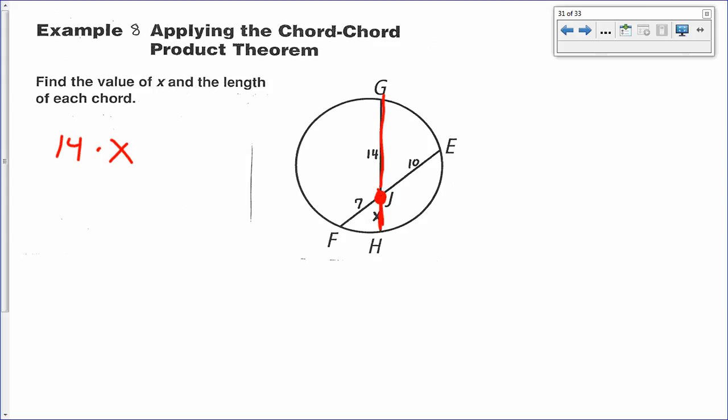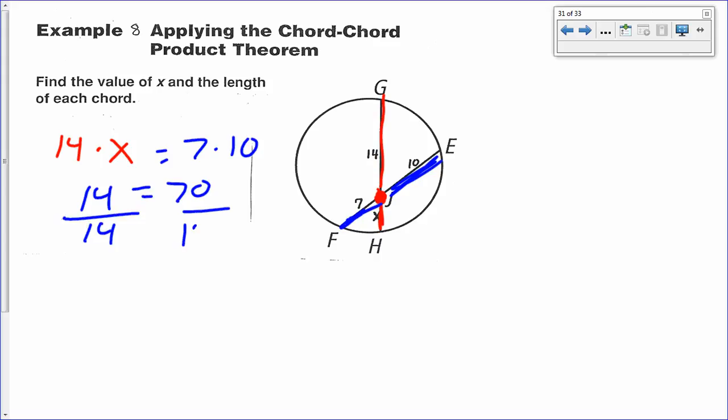There's the intersection point. It's going to equal this piece times this piece, so 7 times 10. 14x equals 70, and we know from before that 14 goes into 70 five times. X equals 5. So that is what they wanted, so that is done.